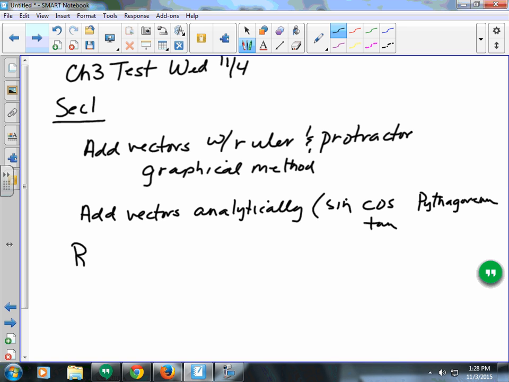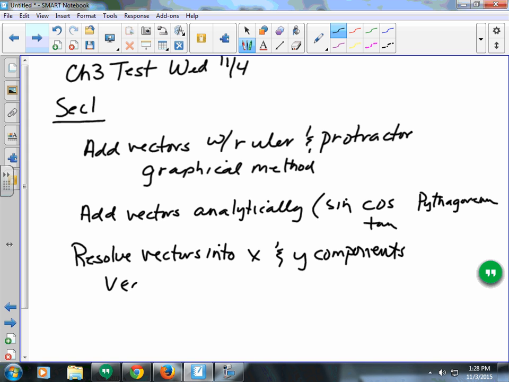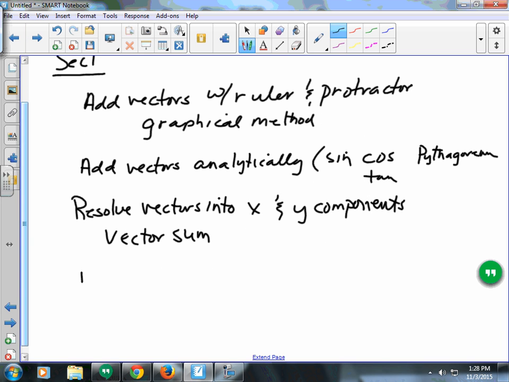Resolve vectors into X and Y components, horizontal and vertical. Projectiles, horizontal launch, and projectiles launched at an angle.